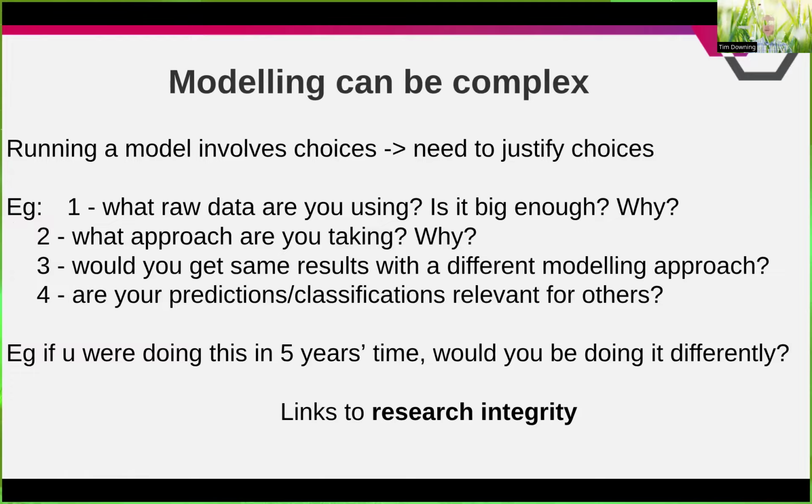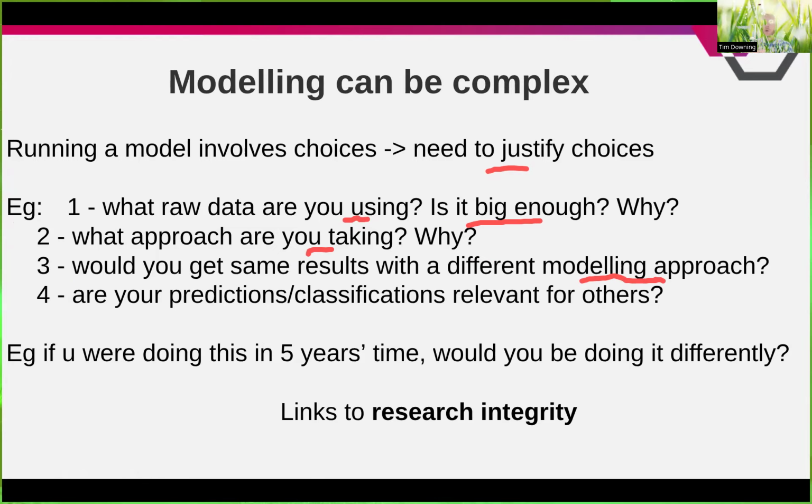We're going to firstly talk about data in a general sense, and think that if we're trying a particular model, we need to justify why we are using that, what's the basis, and consider the raw data that we're using. Do you have sufficient data to answer your research question? What approach are you taking in terms of the modeling? Why is that being used? If you tried a different modeling approach, would you get the same results or different ones?